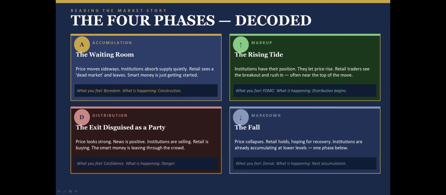Okay. So have you understood everything about these four phases? Are there any questions or doubts? Yes, any questions?